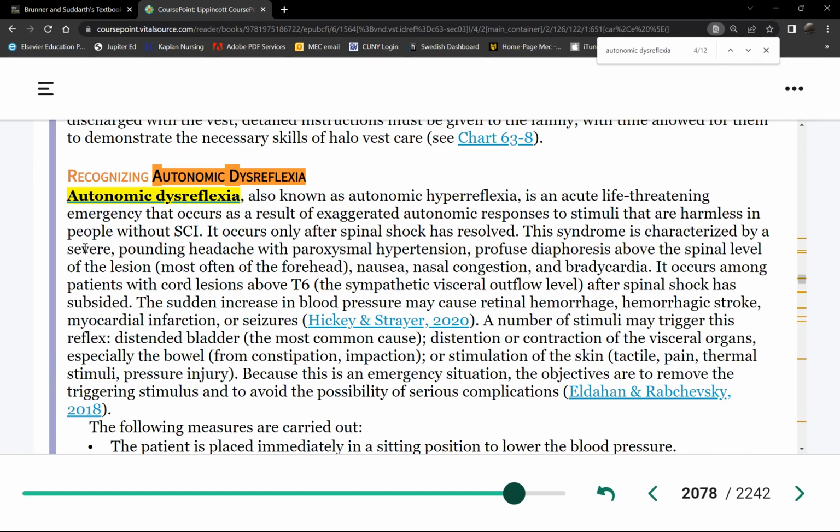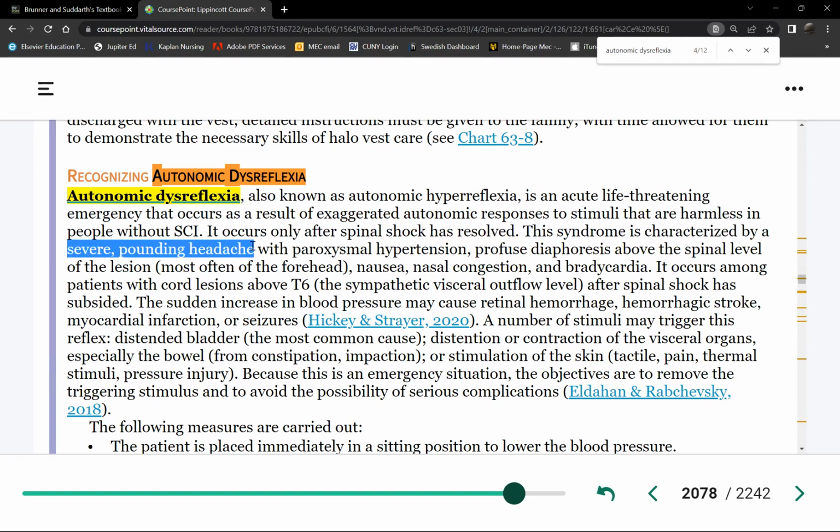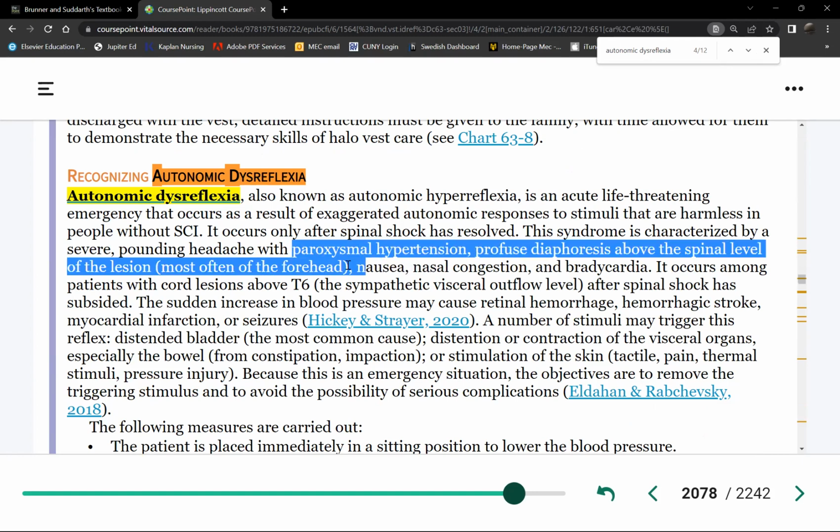The first complaint will be a severe pounding headache. This is true for all spinal cord injury patients, whether tetraplegic, paralyzed from the shoulder down, or paraplegic, paralyzed from the waist down. They have a severe pounding headache, hypertension, diaphoresis above the injury, nausea, nasal congestion, and of course bradycardia. These are your manifestations of autonomic dysreflexia.